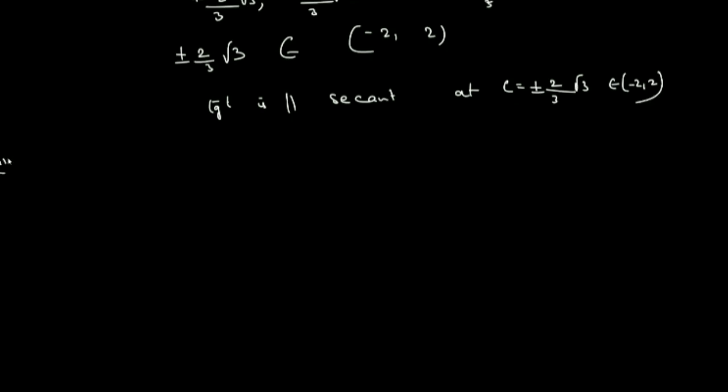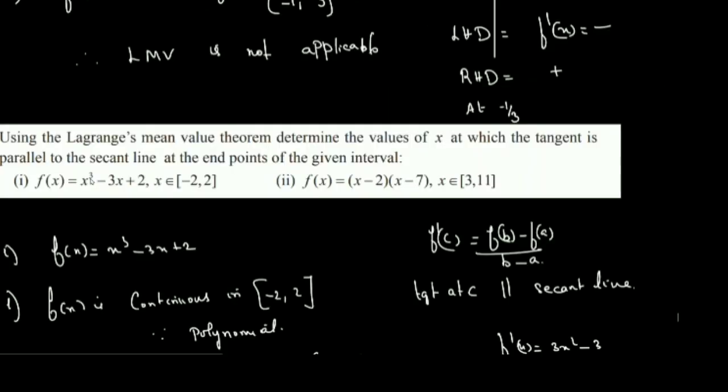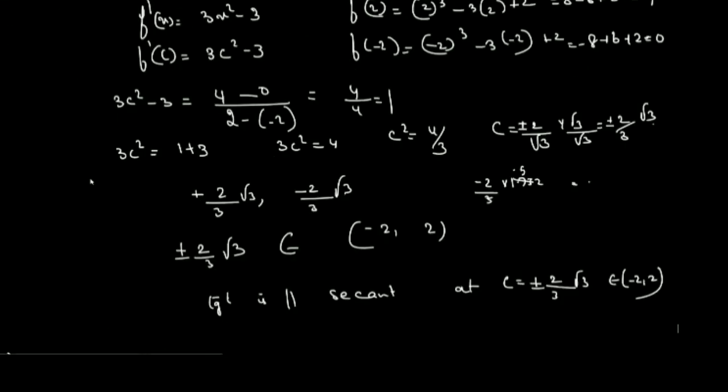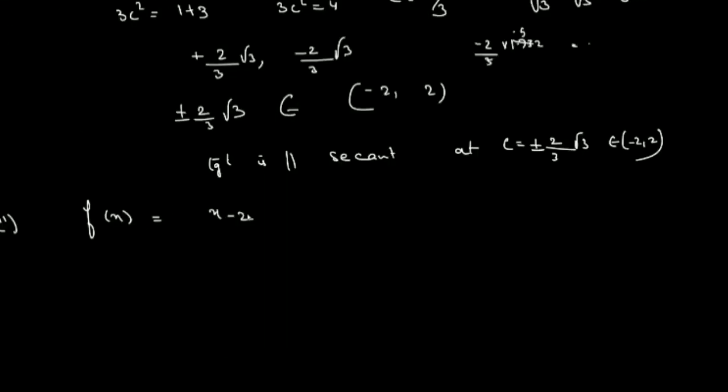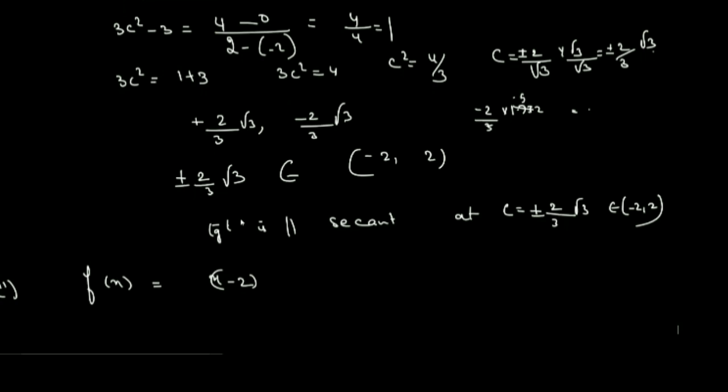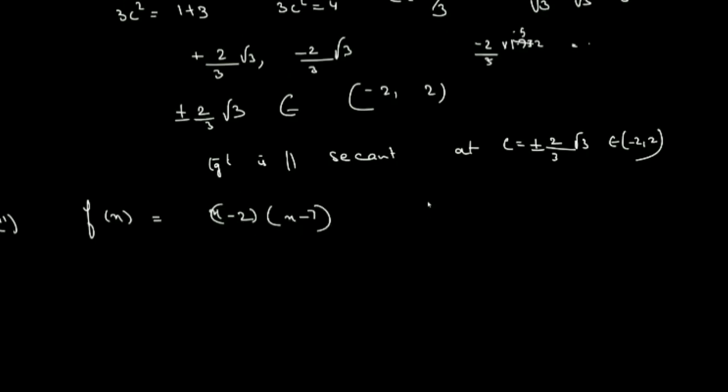The second sum: f of x is equal to x minus 2 into x minus 7 in the interval 3 to 11. Once again, it's a polynomial. First condition, f of x is continuous in the interval 3, 11.